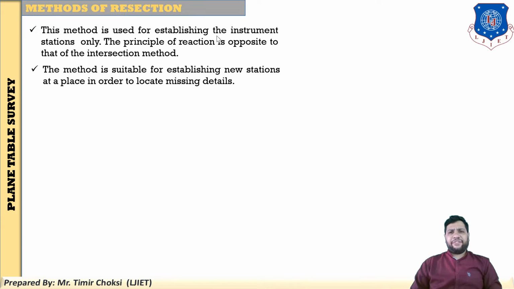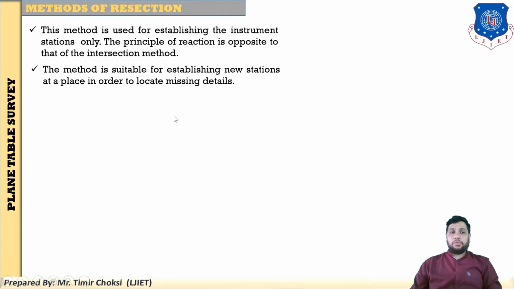This is the opposite principle of resection. Very easy. This method is suitable for establishing a new station at a place in order to locate missing details. When you establish a new station, you use the resection method.